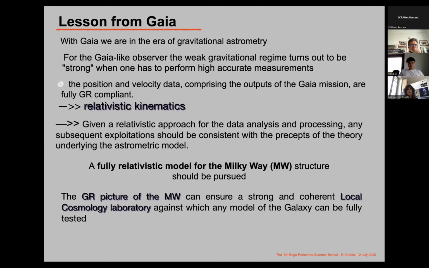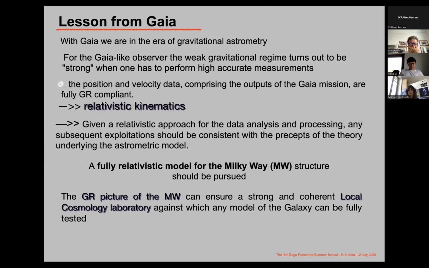And since we have a relativistic approach for the data analysis and processing, we try to export this philosophy also to the reconstruction of the Milky Way. In a more general sense, any subsequent exploitation of the Gaia data should be consistent with the precepts of the theory underlying the astrometric model.